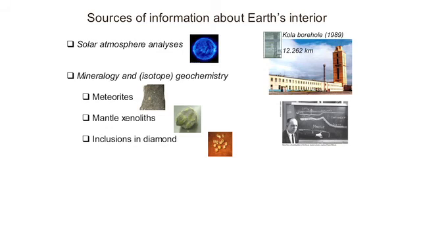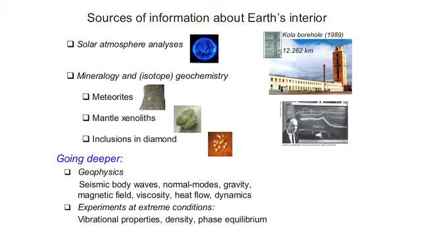So we use other observations, such as a suite of geophysics observations, the seismic body waves that are generated after an earthquake occurs. That energy is released and propagates through the rock, and it propagates at a speed which characterizes the rock that it's propagating through.